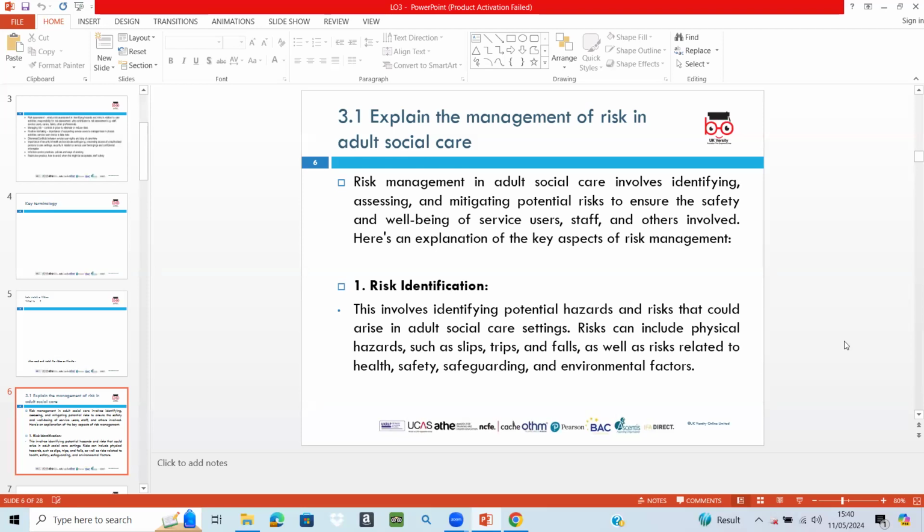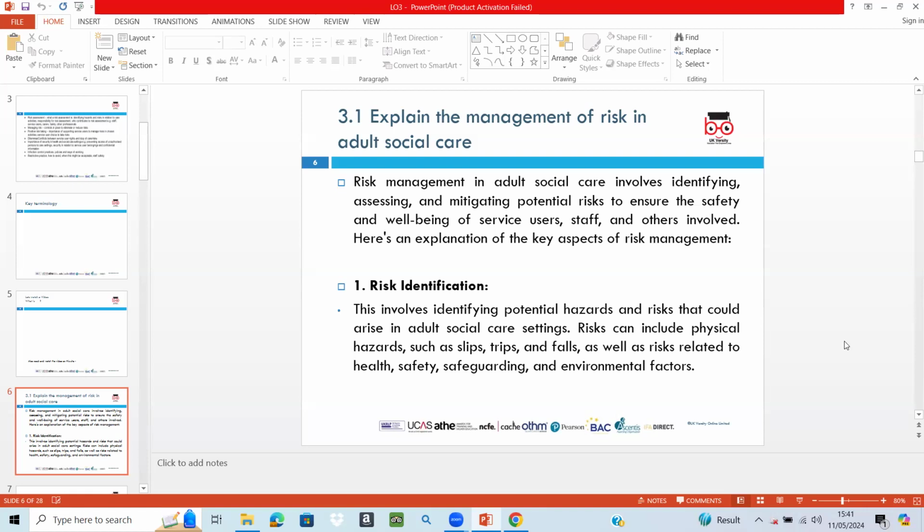Then we have to look for recognizing hazards related to infection control, improper handling of medicines, exposure to harmful substances, or unsafe practices that may compromise the well-being of individuals in care. So we need to look for health and safety risks.